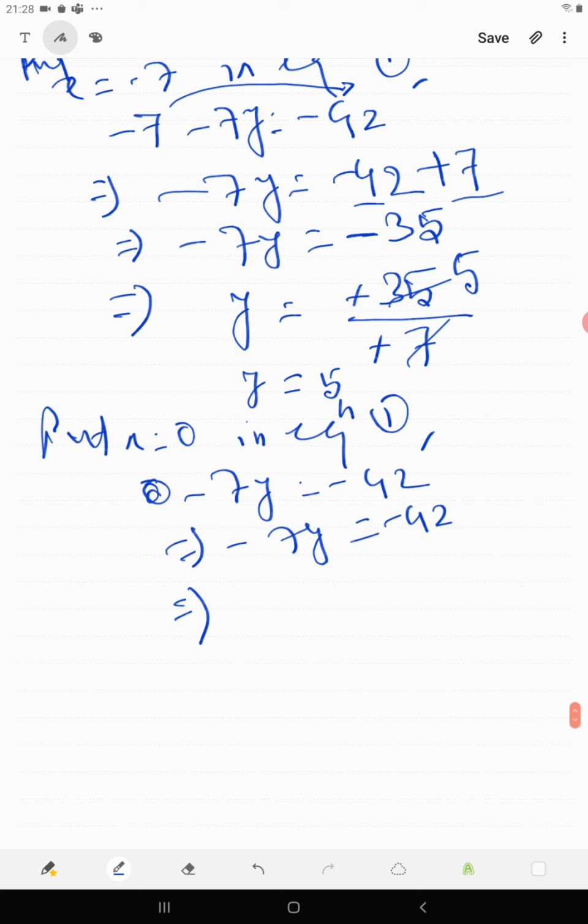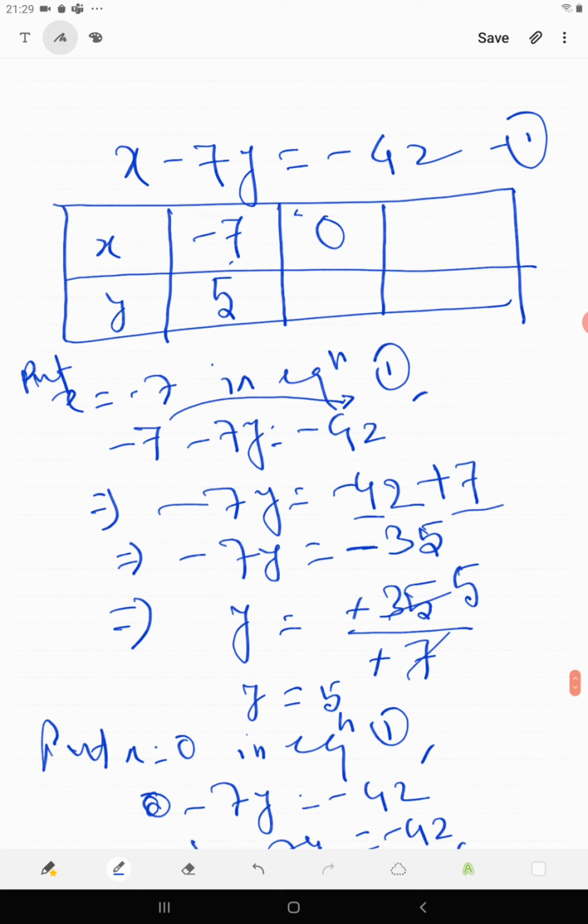Now minus 7 is multiplied with y, so when I take it to the right hand side, it becomes division. So y equals minus 42 divided by minus 7. Minus minus cancel out, 7 sixes are 42. So when x is 0, we got y as 6.